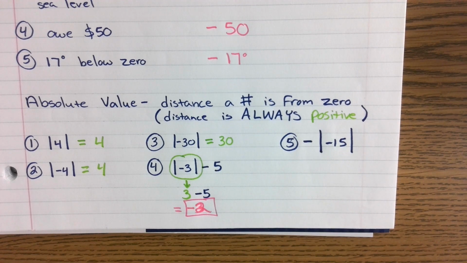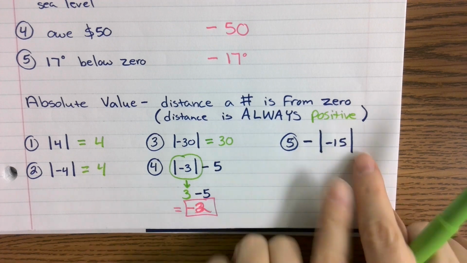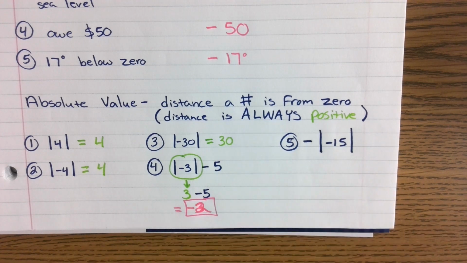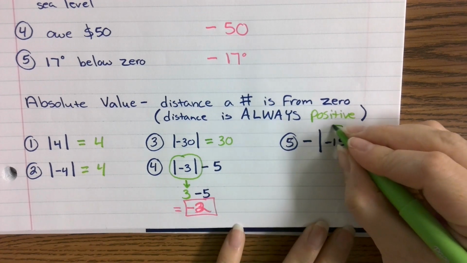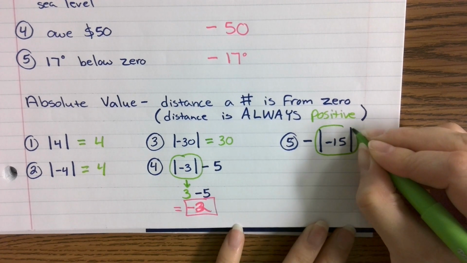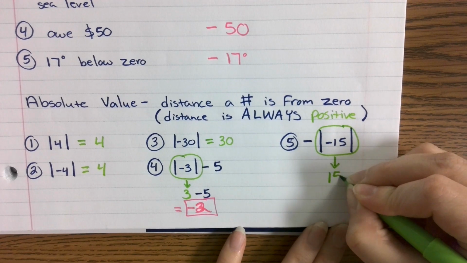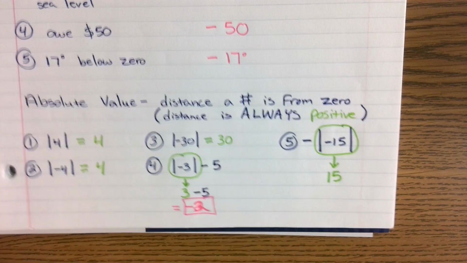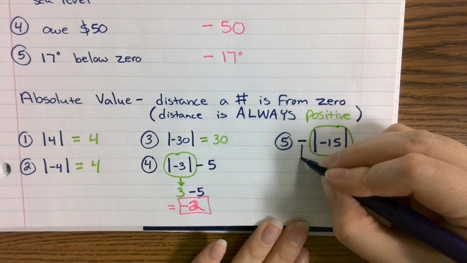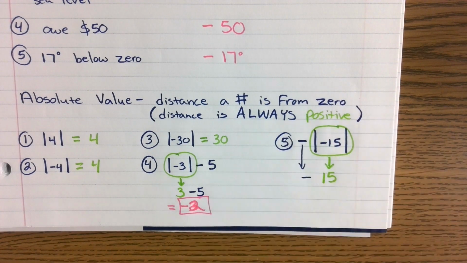Parentheses has to be done first. The absolute value is kind of like a set of parentheses. Whatever's inside has to be performed first. So we're going to do the absolute value of that negative 15, which is going to be a positive 15. But then you've got that negative sign on the outside. So what does that make this? Negative 15.